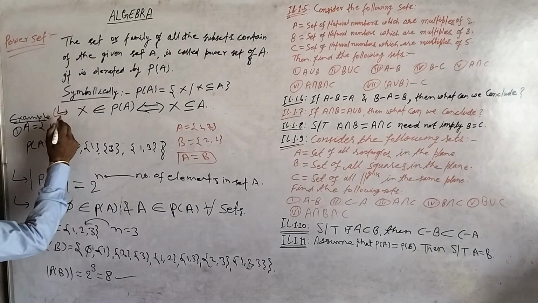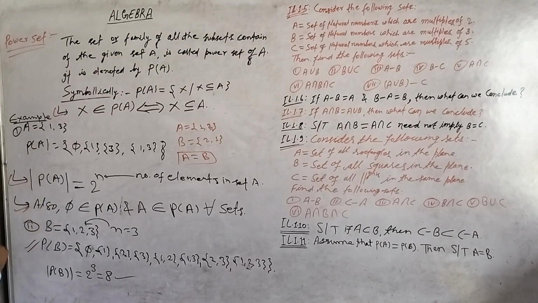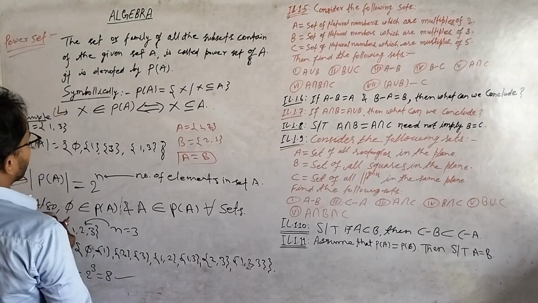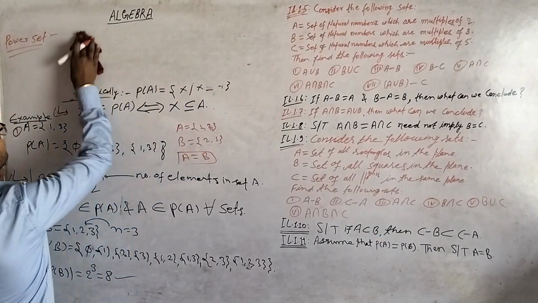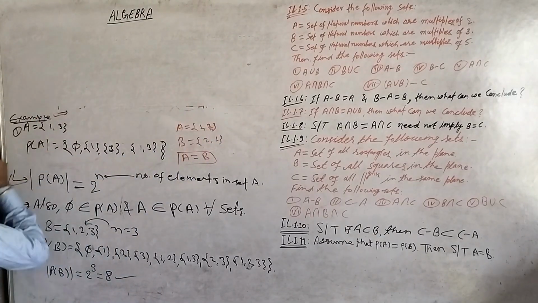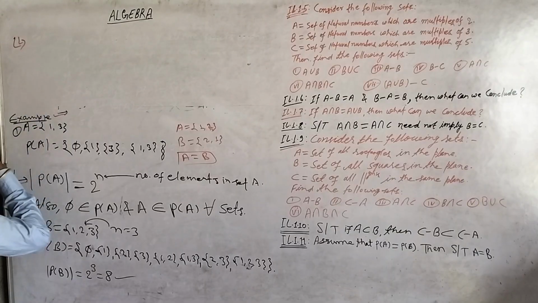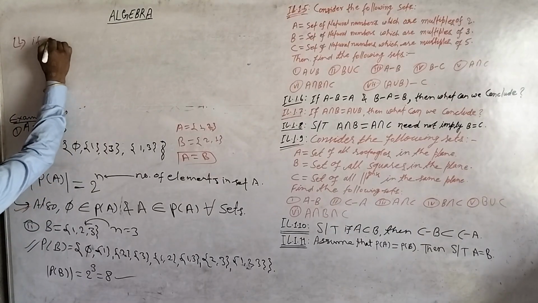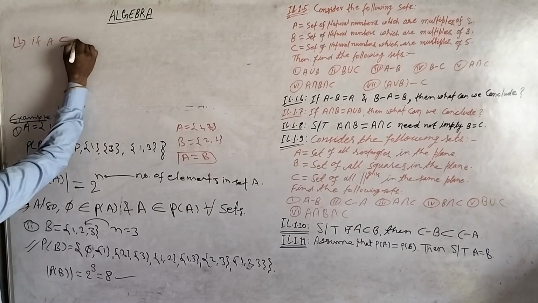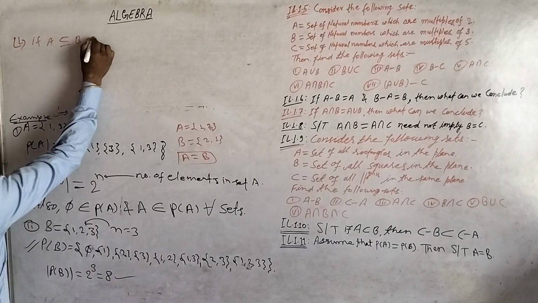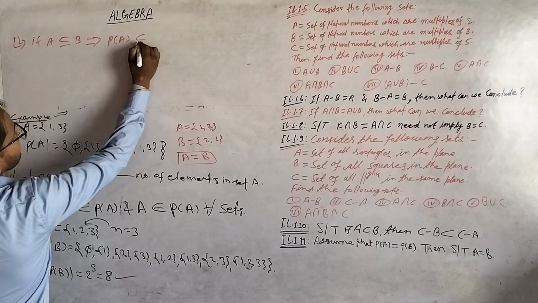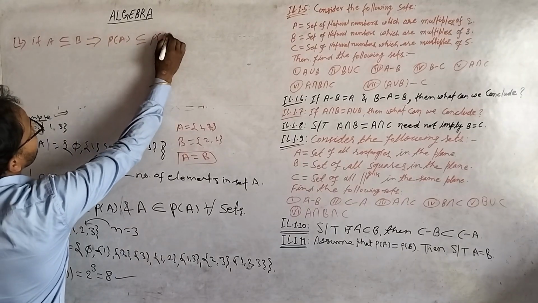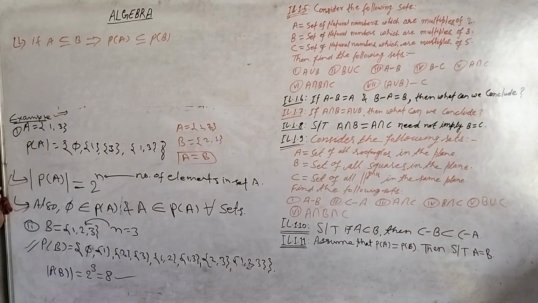This is the fourth point we can write here: if A is a subset of B, this implies the power set of A is a subset of the power set of B. Okay, this is a universal truth.